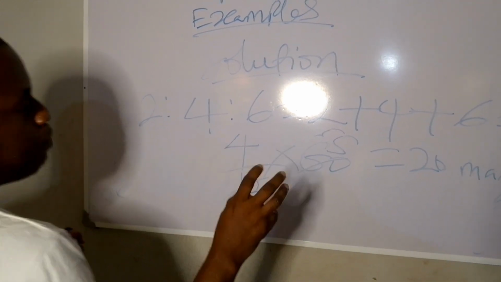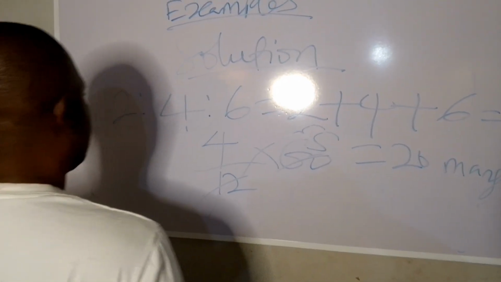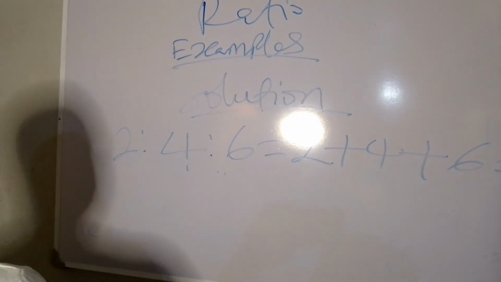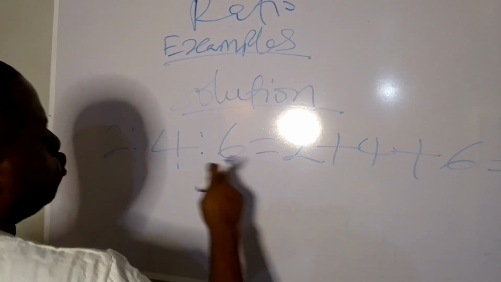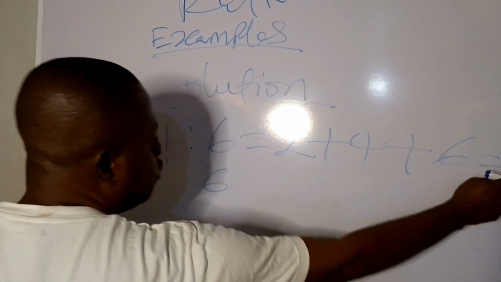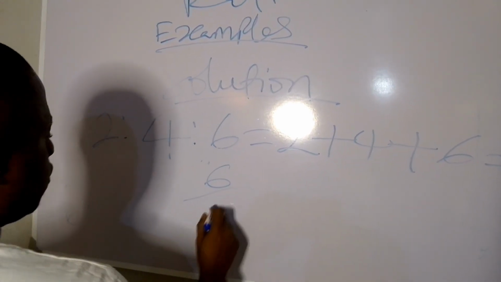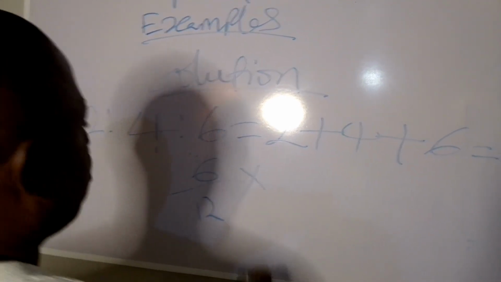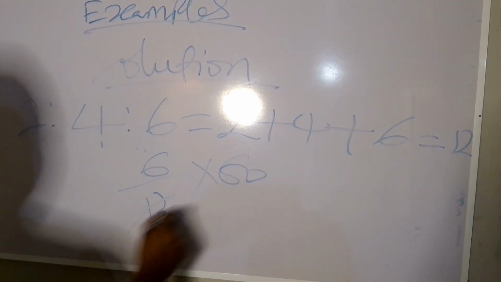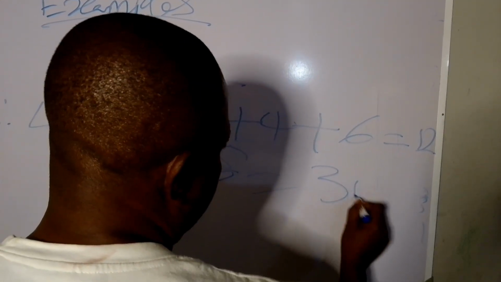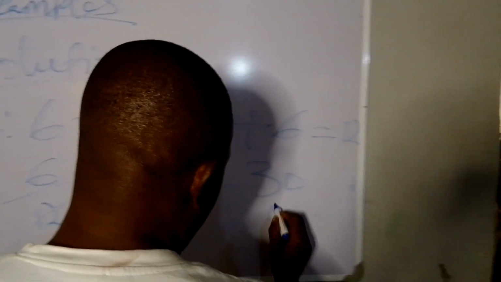For the third student, this is the ratio of the third student. You divide this 6 by the sum total of their ratio, which is 12, times the number of mangoes they were given, which is 60. 12 into 60 is 5. 5 times 6 is 30. 30 mangoes.